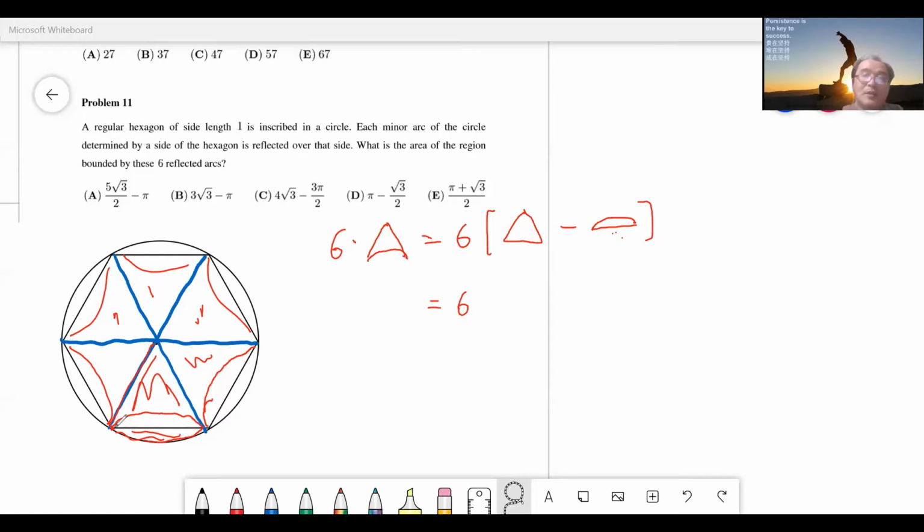Let me change the color to highlight this. This sector minus this equilateral triangle. So each part equals the equilateral triangle minus the sector, which is 1/6 of the circle, minus this equilateral triangle.